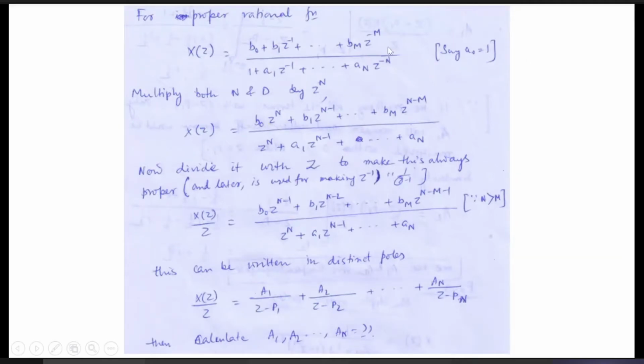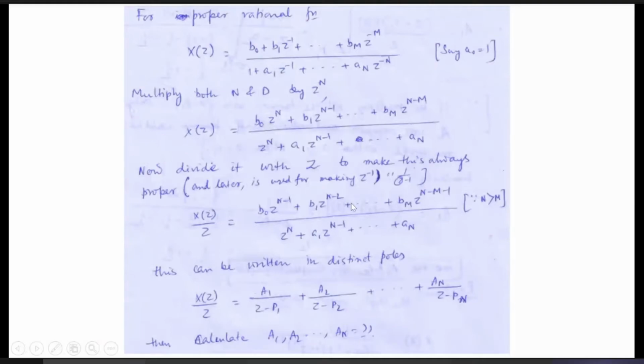So we multiply both the numerator and denominator with z to the power n, and we get b0 z to the power n plus b1 z to the power n minus 1, and the last term is z to the power n minus m, and in the denominator we get z to the power n plus a1 z to the power n minus 1, like this.